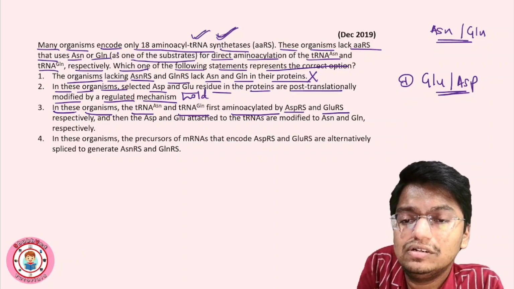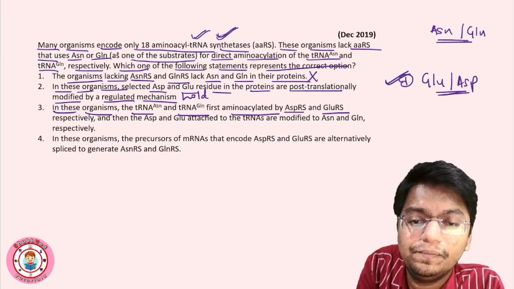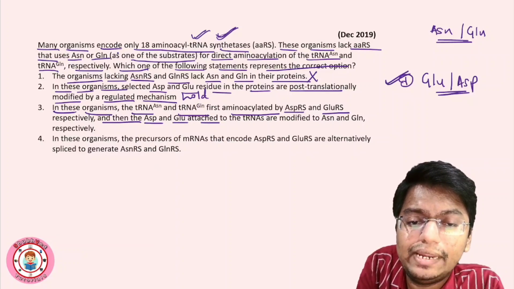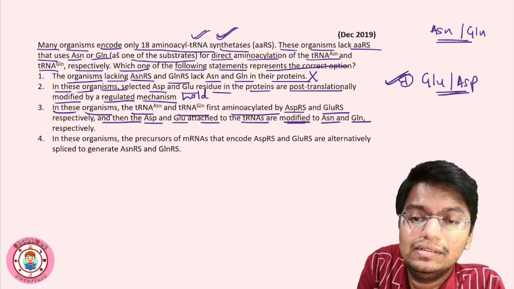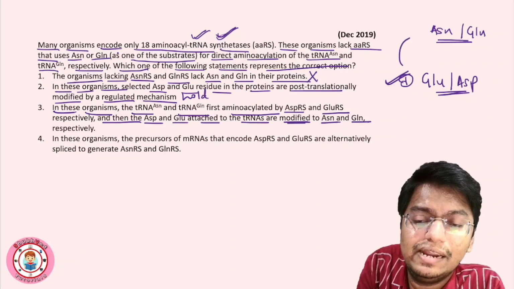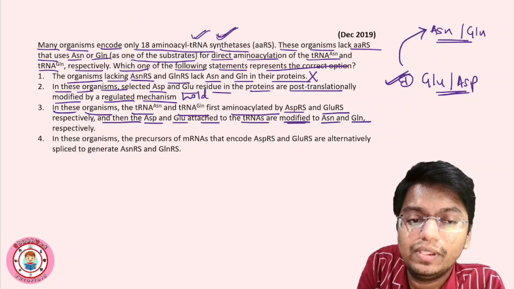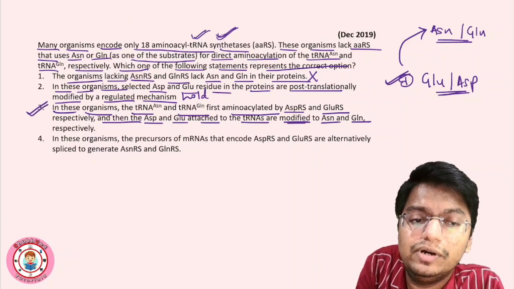So first these get added, and then the aspartate and glutamate attached to the tRNAs are modified to asparagine and glutamine respectively. So this is confirm correct.